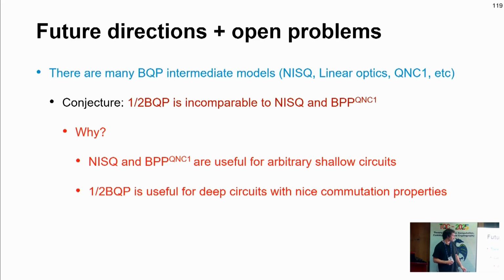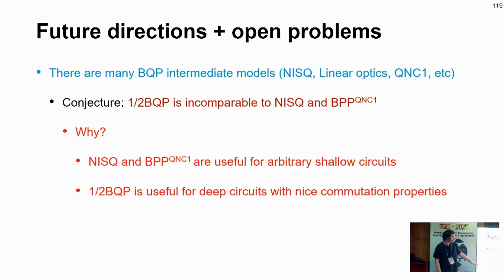We conjecture that half BQP is incomparable to NISQ and shallow quantum circuits. And why do we conjecture this? Well, if you're familiar with NISQ, you'll know if you have a log depth NISQ circuit, it becomes too mixed by the end to really do anything useful. So NISQ seems useful in the very shallow regime.